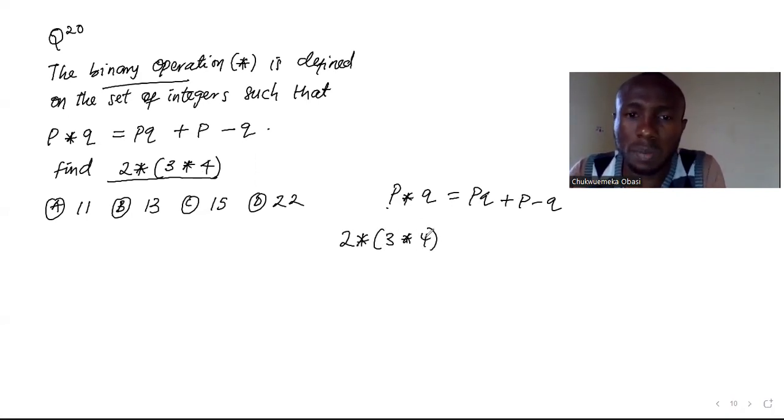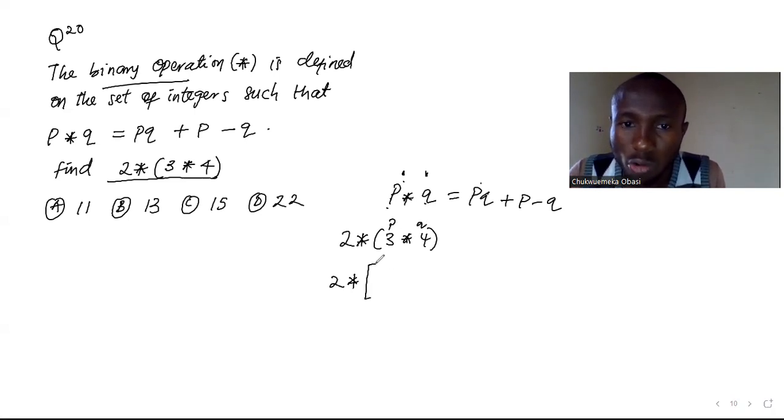So of course you need to simplify the one in bracket first. You already have a rule of combination for simplifying this 3 asterisk 4. Whenever you have something asterisk something, the first guy will multiply the second guy, then plus p minus q. So this is my p here, and this is my q here.